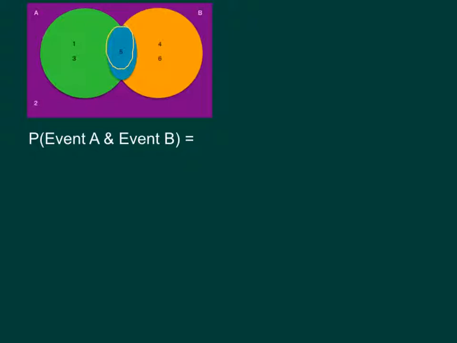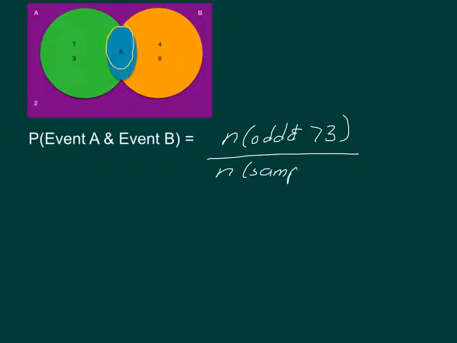Therefore, we write this as the number having to be odd and greater than 3, divided by the sample space.